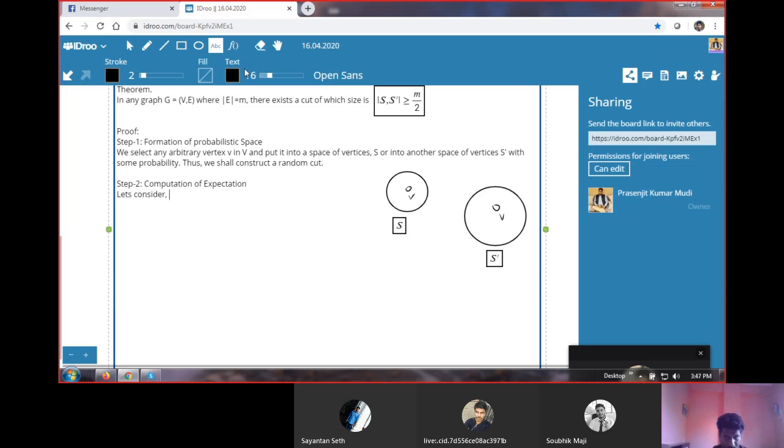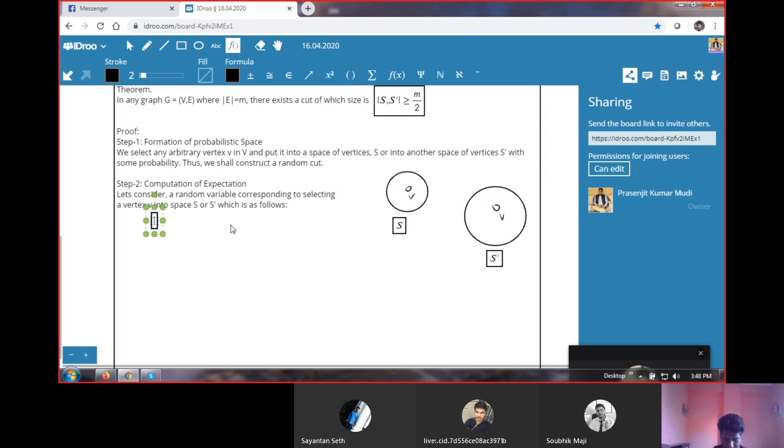Let's consider a random variable as follows: the random variable corresponding to selecting a vertex V into space S or S bar, as follows.